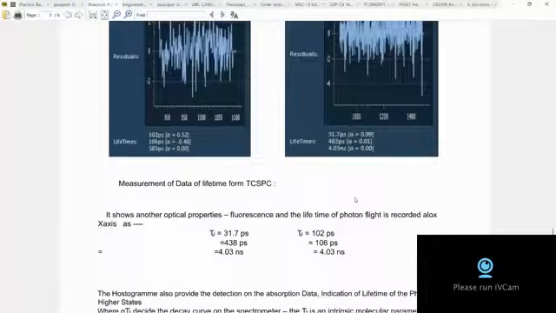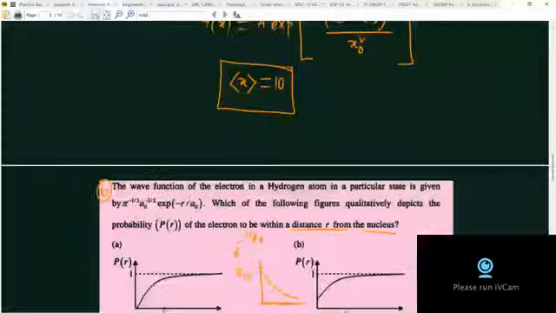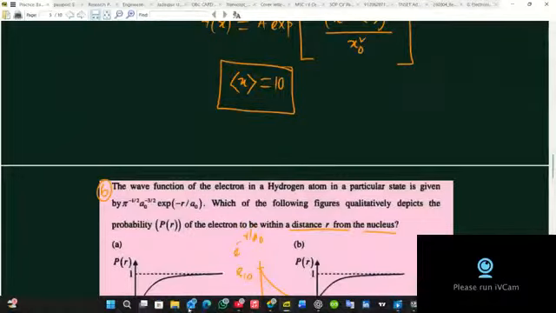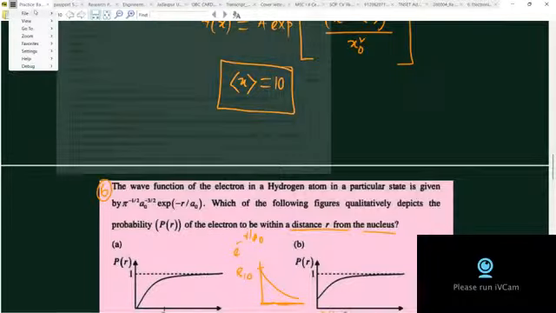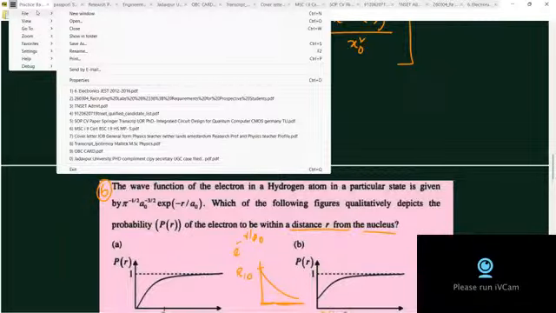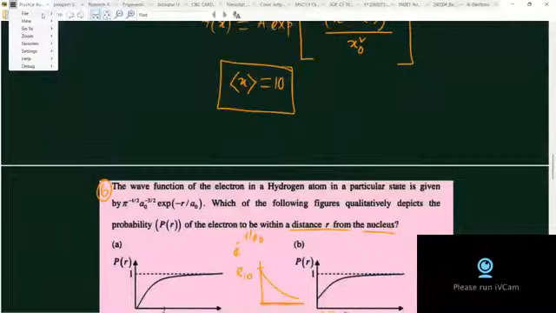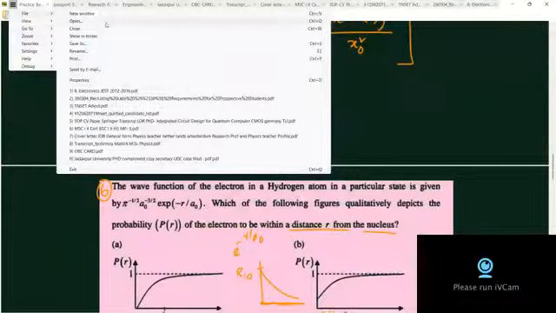Just wait, I'll open my research paper file, the full research paper. No, the full file to open.